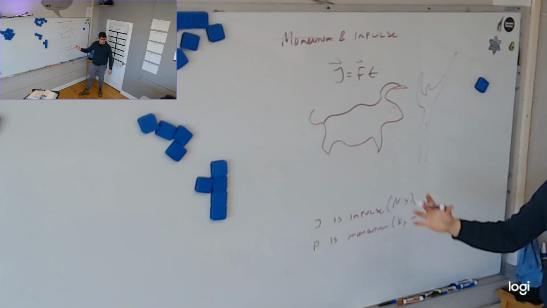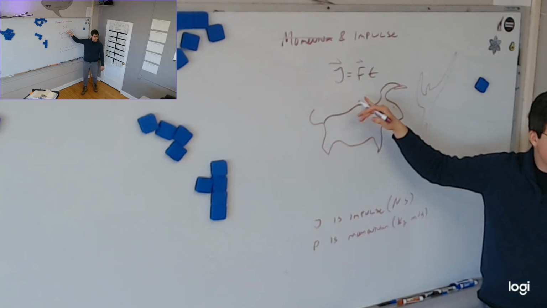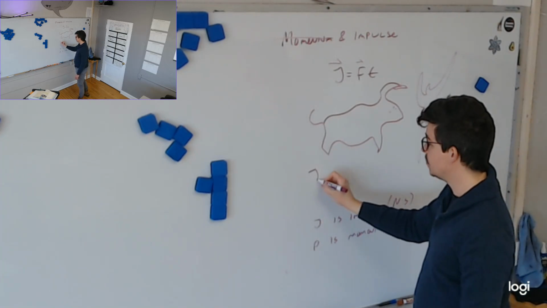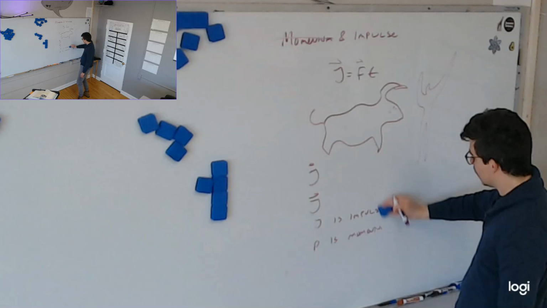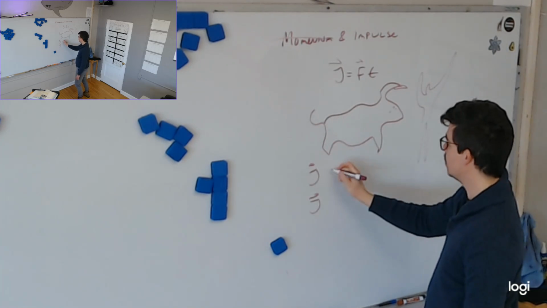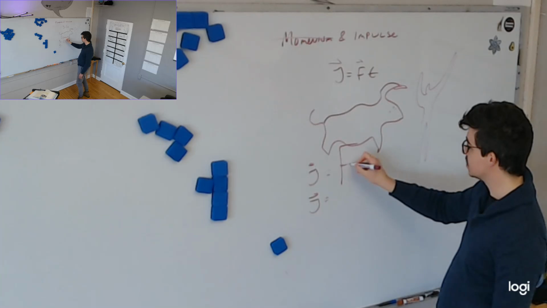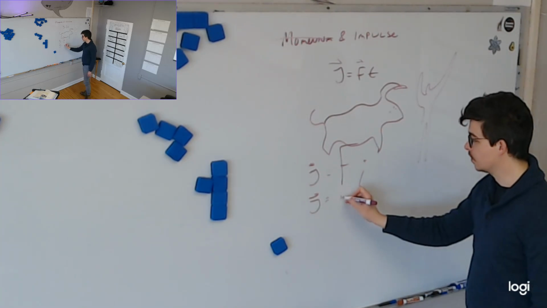If you run into the bull, what are you doing about the time of the collision? You decrease the time of the collision, and the same J is going to happen no matter what. If you decrease the time by running at the bull, that increases the force. Whereas if you lengthen the time, it decreases the force.